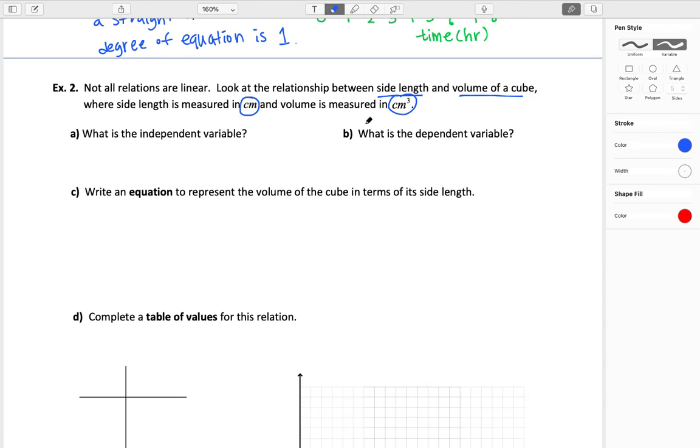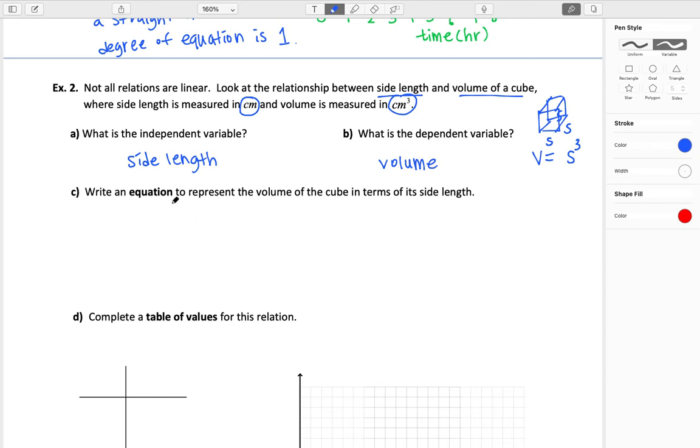Well, we do know that when you draw a cube, the volume of the cube is defined by side, side, side. So S cube, right? Length times width times height. But because it's a cube, they're all the same. So independent variable will be the side length. And then dependent variable is the volume, because volume is dependent on the length.